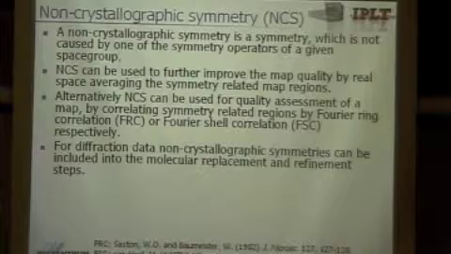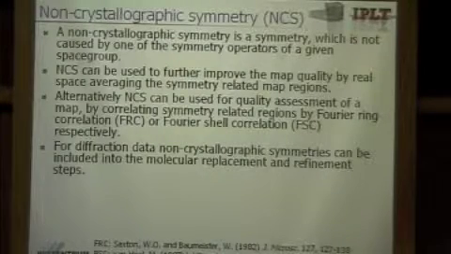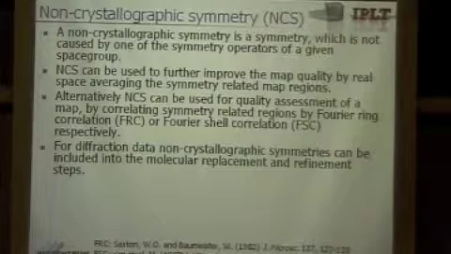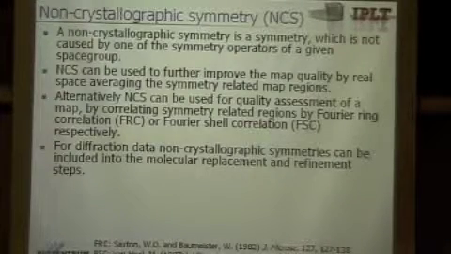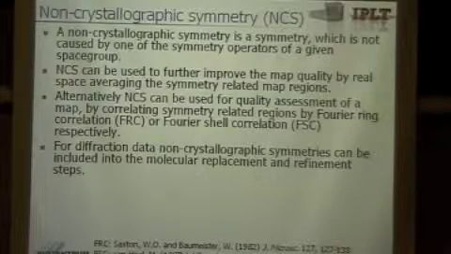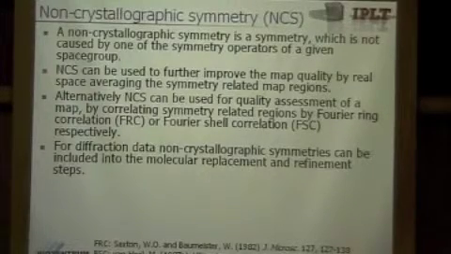And either you can use this just to average your protein even more in real space, or the second way you can go is to run a Fourier shell correlation, or Fourier ring correlation if you have a 2D data set, to assess the quality of your data.